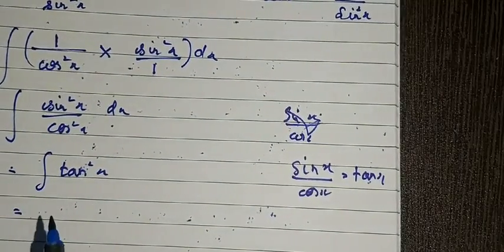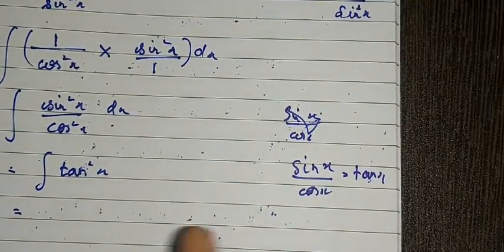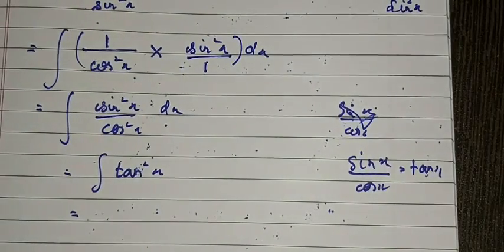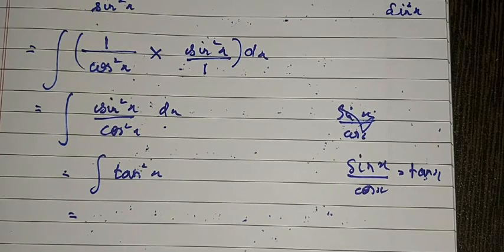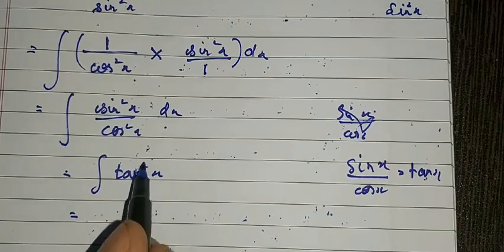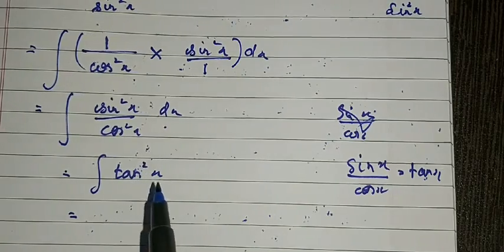But in the integration formula, we don't have a proper integral for tan square x. There is, but it is not proper, and we don't need that answer for this question. So we want to make a little change to tan square x.